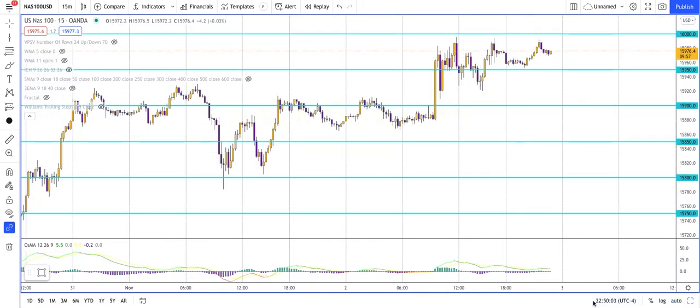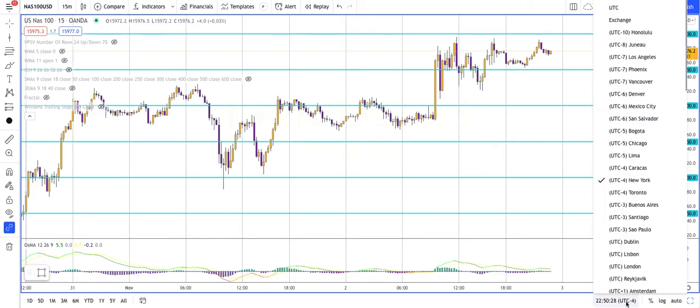So I have my screen on TradingView set to New York time. Now MT4 is not going to have it on New York time, so you just have to get familiar with translating the time because each broker has different times. So you may have to count backwards. You may have to write it down and take a note based on your brokerage, but when you're looking at TradingView, you can go ahead and change it to where you are.